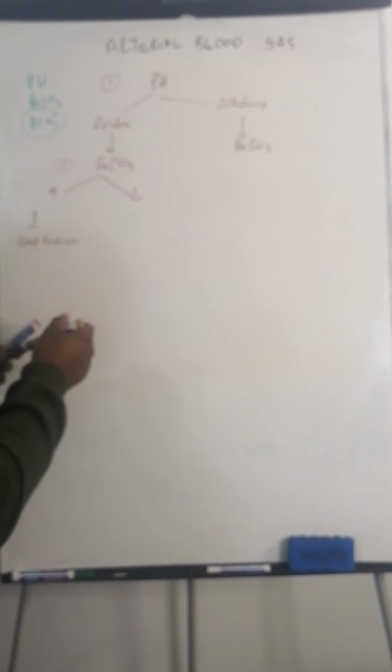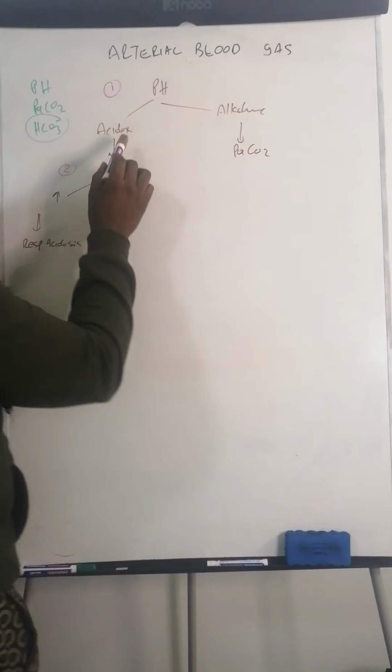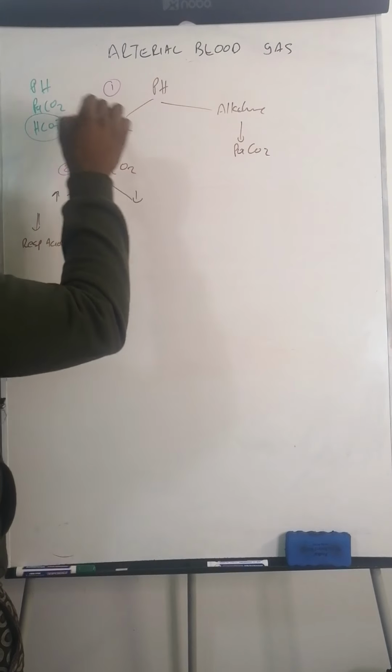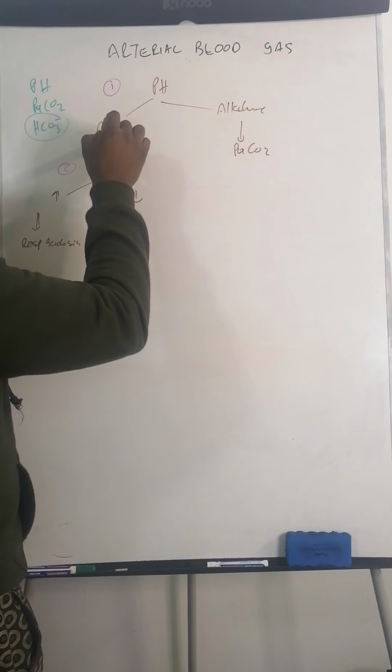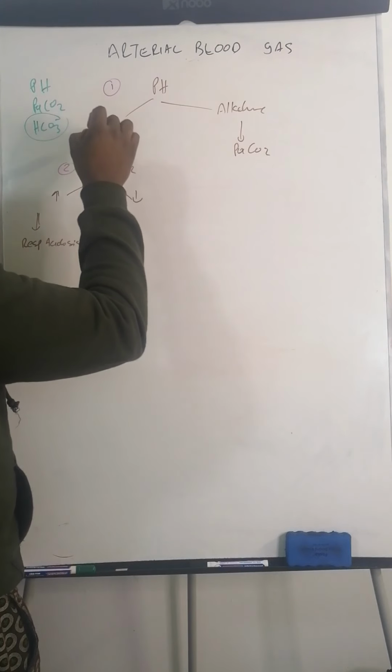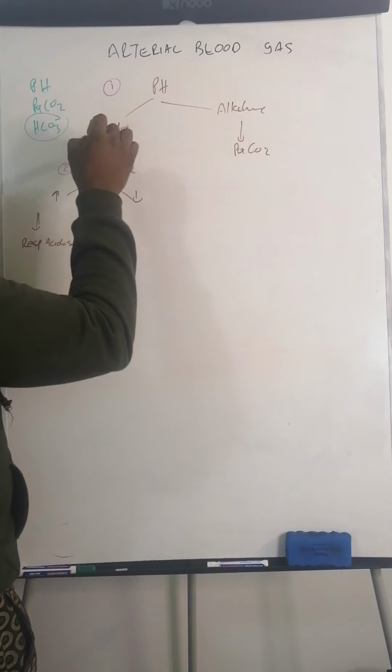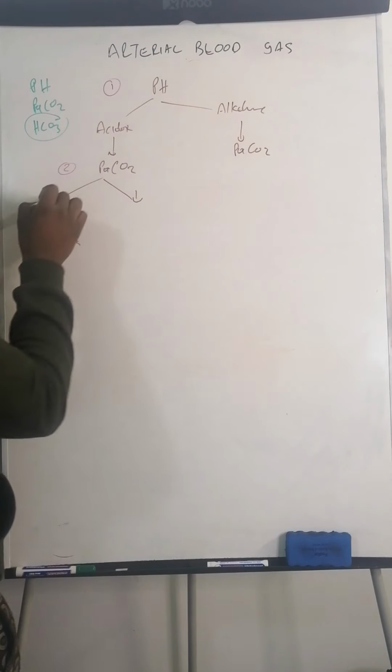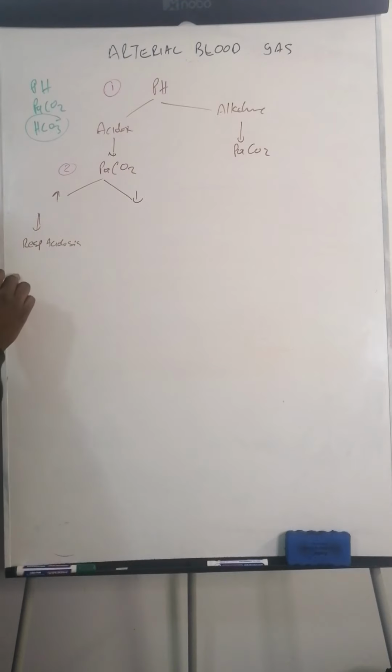So in the event where you look at the pH of a patient and you discover that it's acidotic, like I said in the previous video, if this acidosis is emanating from a respiratory point of view, then our CO2 must be high. So we don't have a problem here.